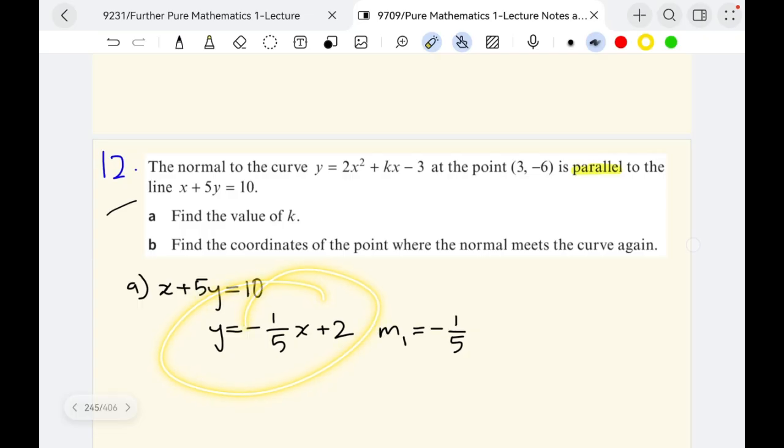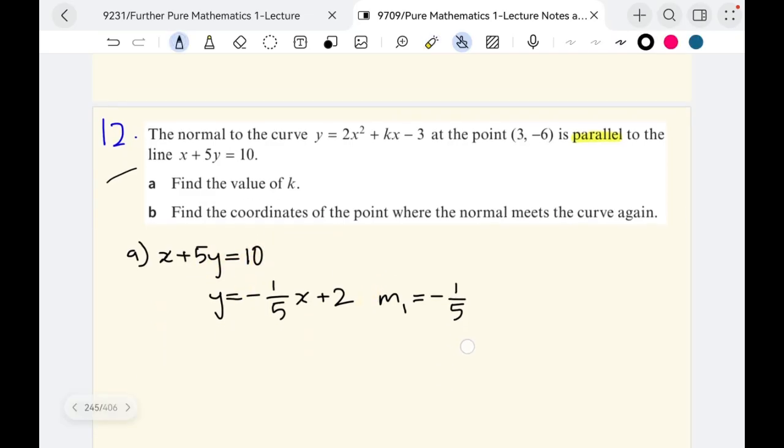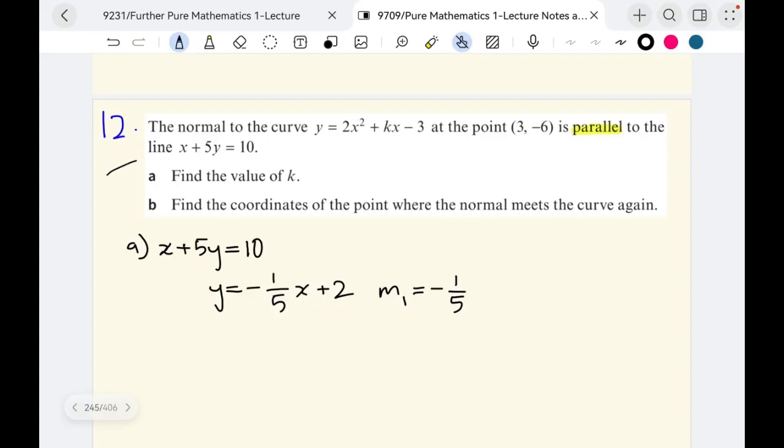Okay, just interpret from the straight line, simplified or exchanged. So the normal line is parallel to the line, let's say line 1, that we have obtained.